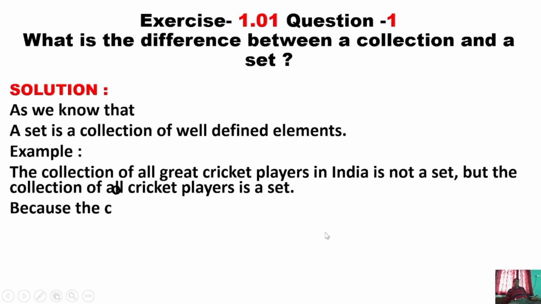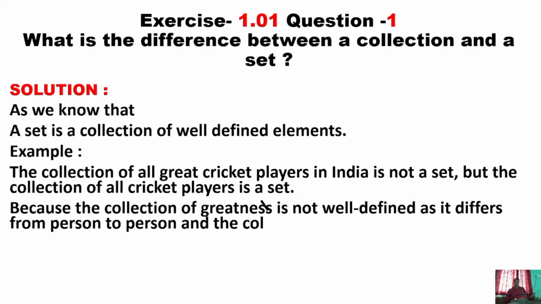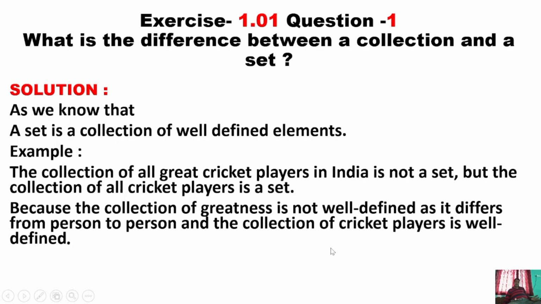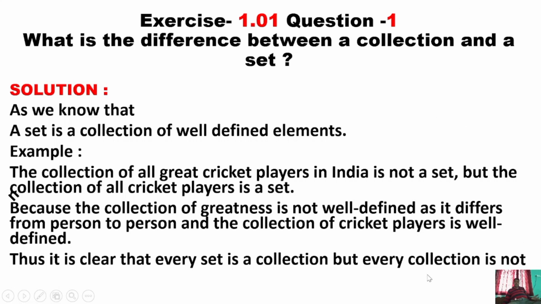Why? Because greatness is not well defined; a great cricket player may differ from person to person, while the collection of cricket players is well defined. So every collection is not a set, but every set is a collection. Thus it is clear that every set is a collection and every collection is not a set. This is the basic difference between a set and a collection.